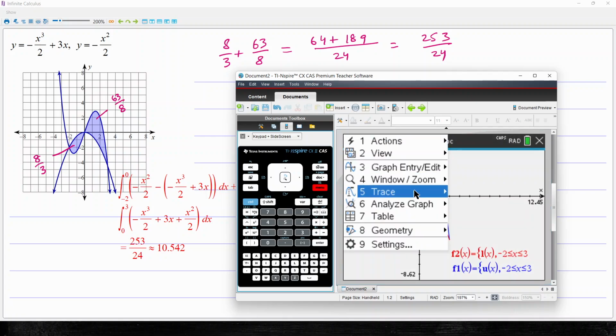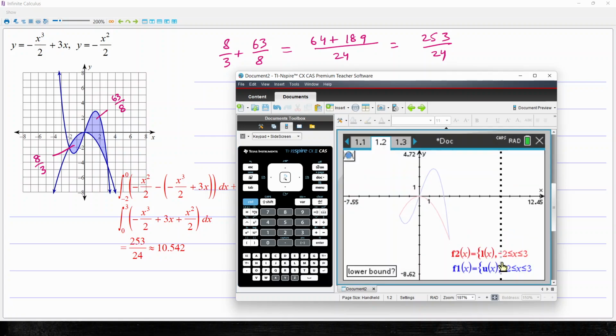So we go to menu, analyze graph, bounded area, and let's say we want to find the area from -2 to 3. And that gives us 10.5.